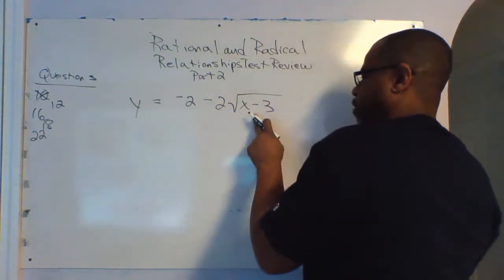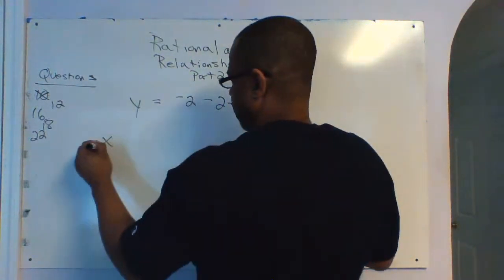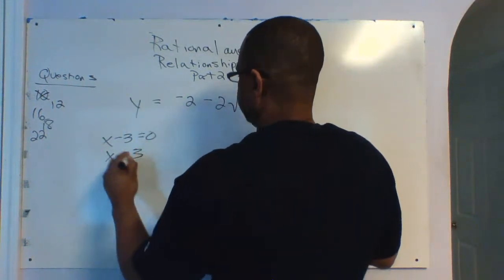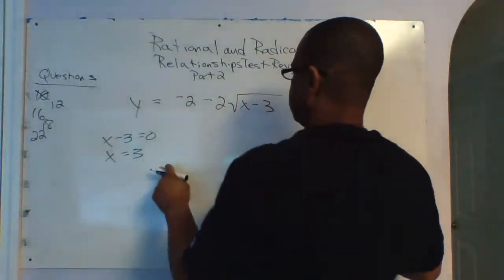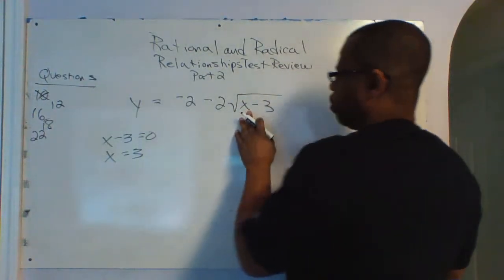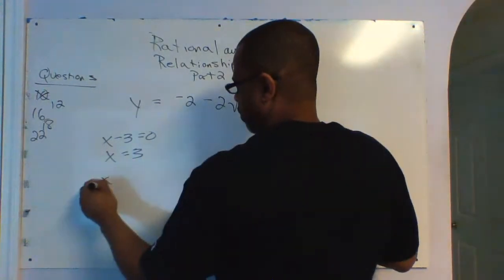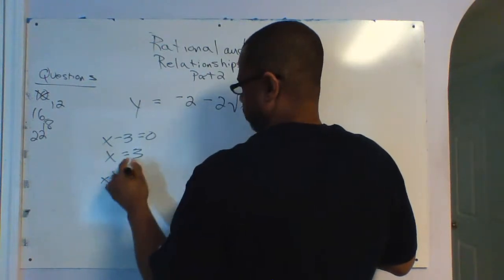You're going to set your radical and set that equal to 0. So you got x minus 3 equals 0. So x is equal to 3. So we know that in order for this to be real, it has to be 3 or greater. So we already know that x is greater than or equal to 3.